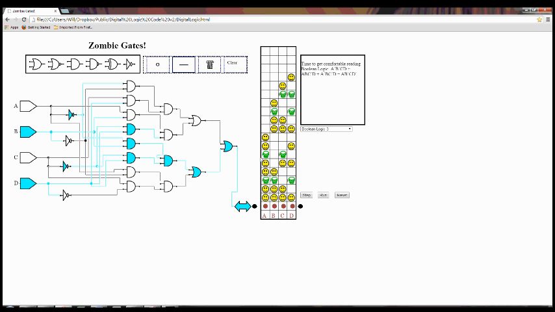Then this next row with zombies, again, I ignore all these. This next row here is A, B naught, C, D naught. Let's see, where did I put that? Yeah. A, B naught, C, D naught. So I'd write this equation down here. And then lastly, I get this one here.